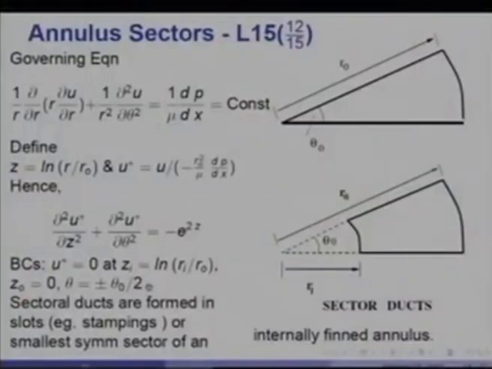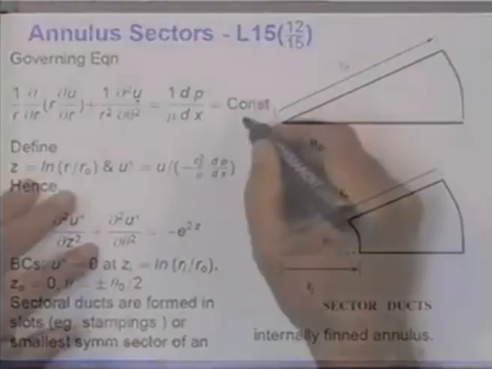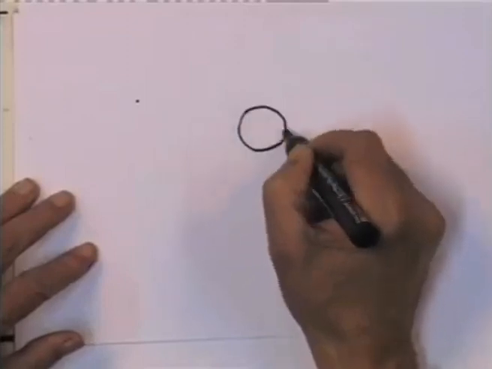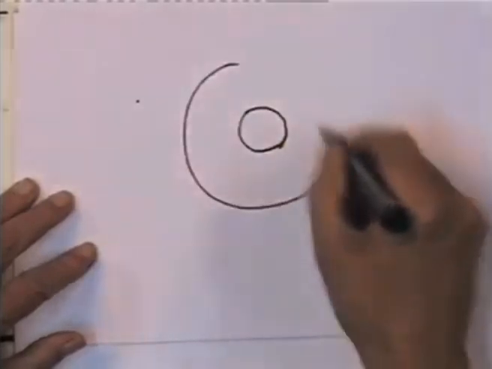Now, let us look at an even more complicated duct, and that is a sector of an annulus or a circle, whichever way. Typically, you get ducts which are of this type.